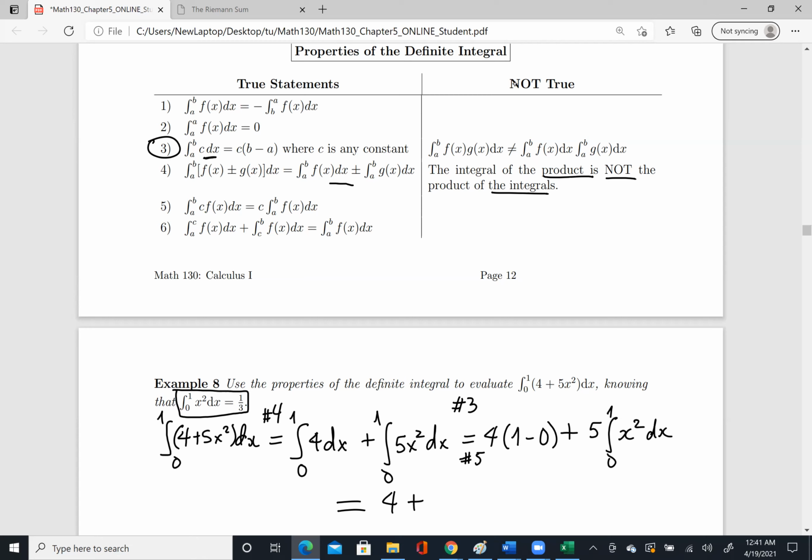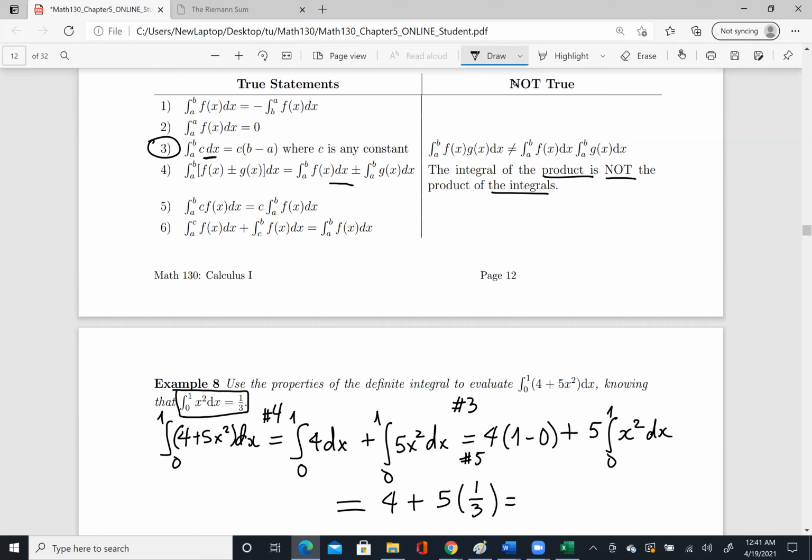So I can just add 5 times 1/3, and that's going to give me 9 1/3.